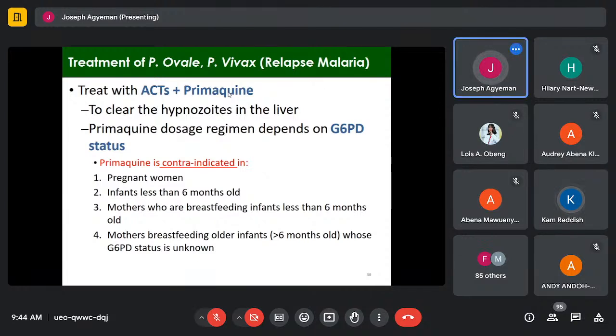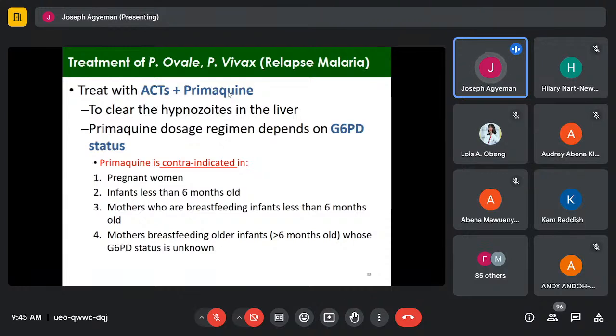Then how can amodiaquine be classified under artemisinin? No, listen. The lady just classified amodiaquine as a 4-aminoquinolone, and you are bringing it under artemisinin. We are talking about chemical classes.